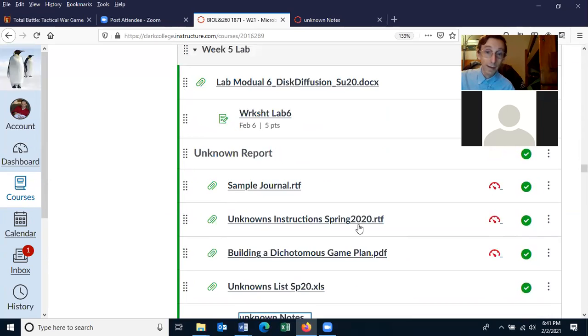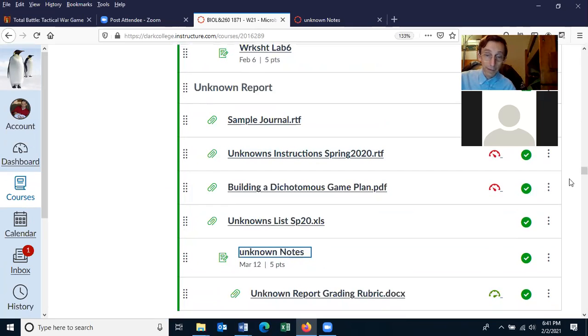But let's talk about the unknown instructions. And let me, while I'm here, point out that there's obviously the link to the unknown instructions that I'm going to talk about. There's a sample journal which you can use to write up your journal report. Now let me warn you that this sample journal was done by a professor many years ago.